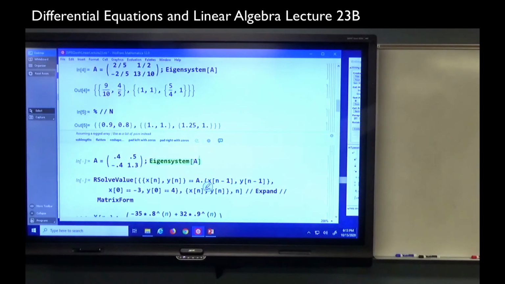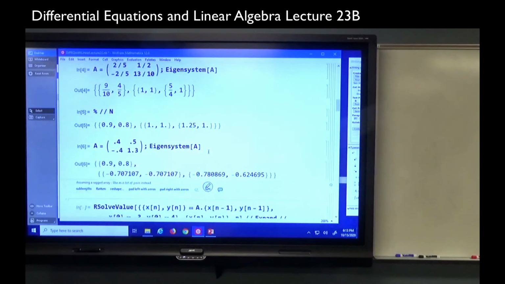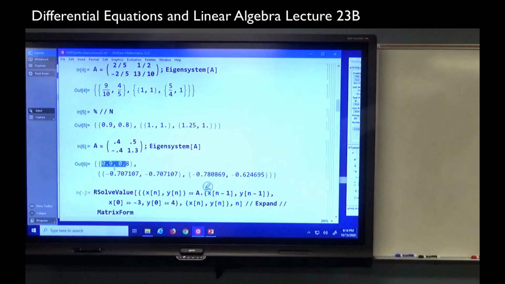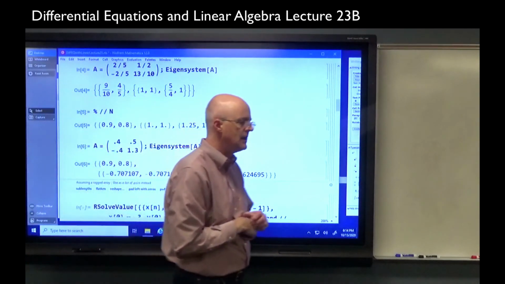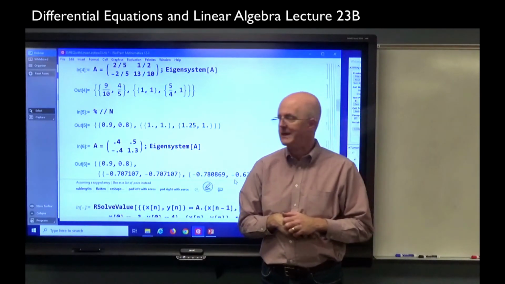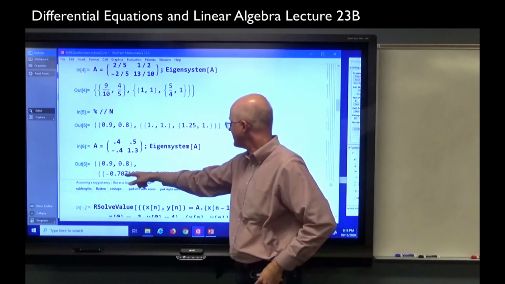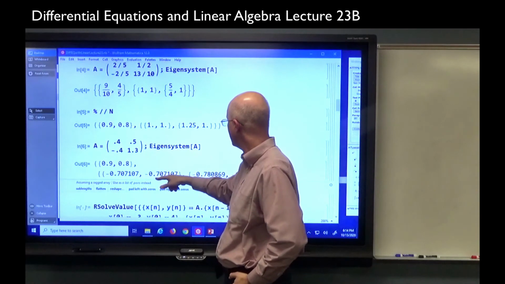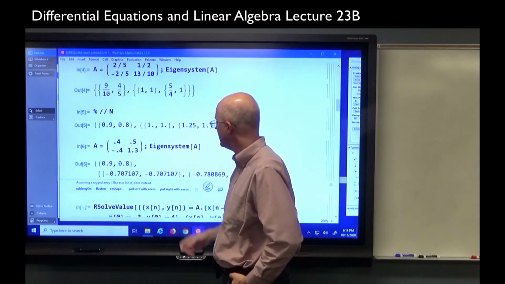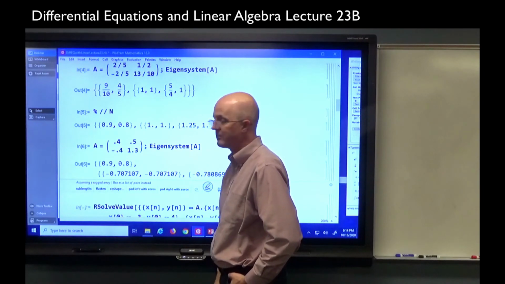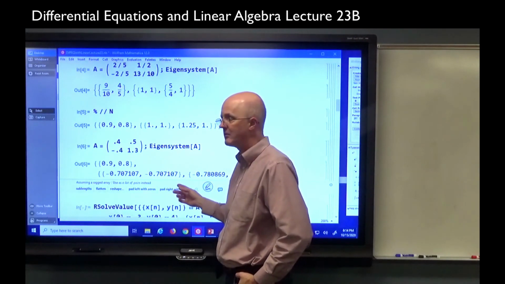But we also can just plug in decimals to begin with and get the eigenvalues as decimals and the eigenvectors as decimals as well. Mathematica does take the time, when you're using decimals at least, to normalize the vectors to make them unit length. This vector here, negative 0.707, comma negative 0.707, is really an approximation to negative 1 over square root of 2, comma negative 1 over square root of 2.